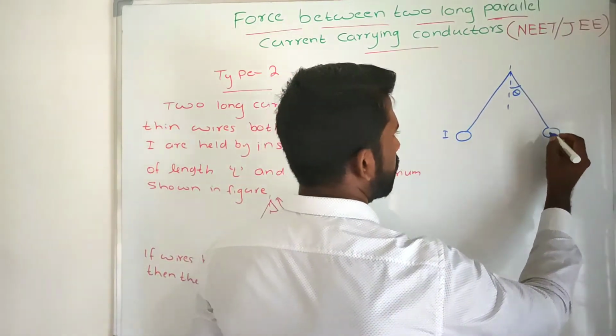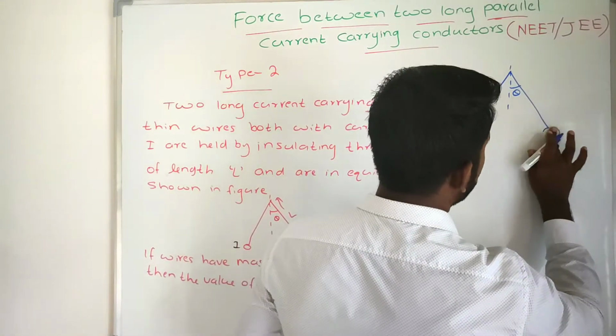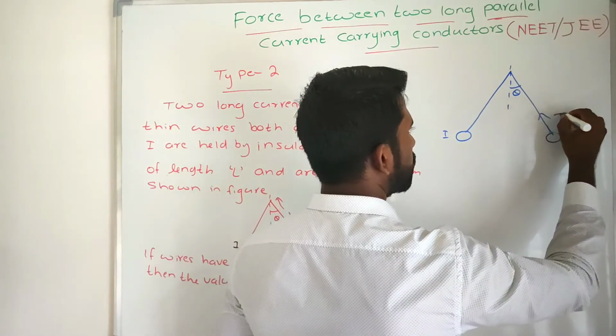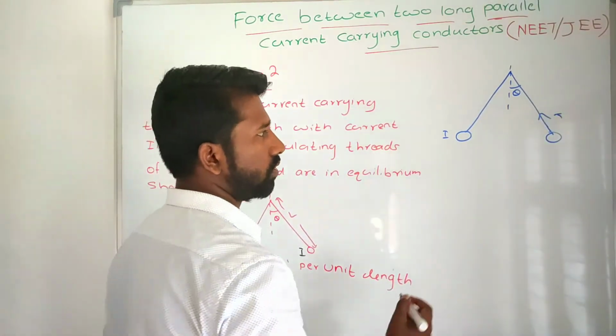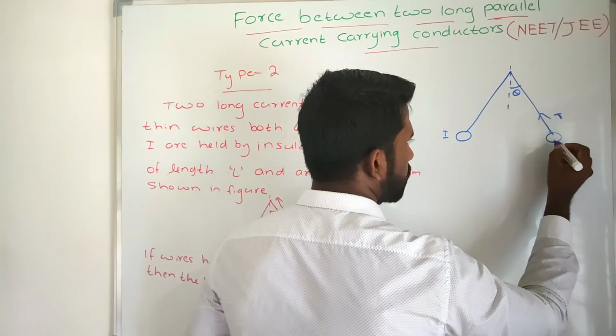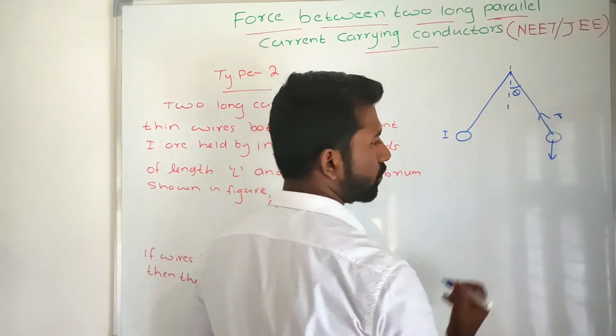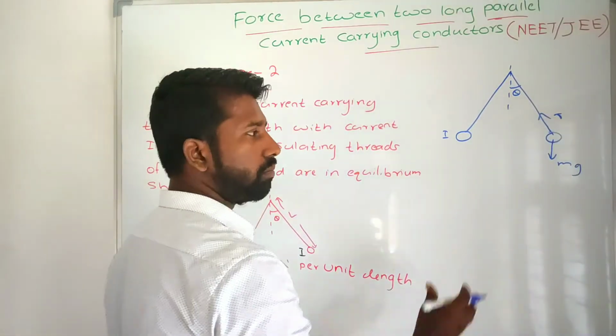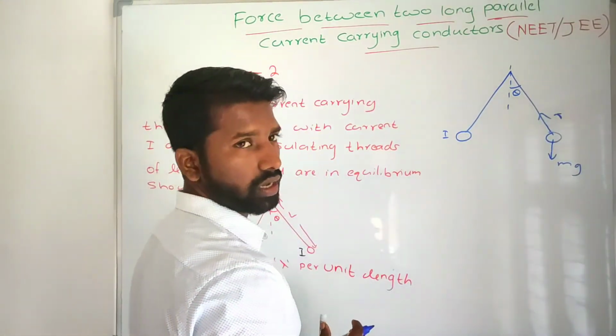Look here, there is a tension acting in this direction, and there is a downward gravitational force acting, that is mg. What is m? m is the mass of the current carrying conductor.